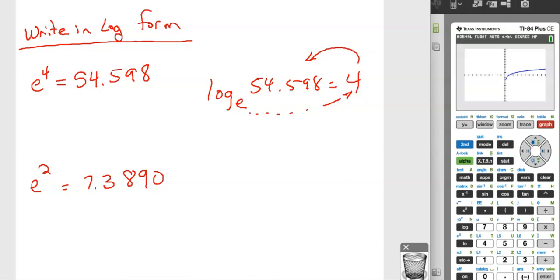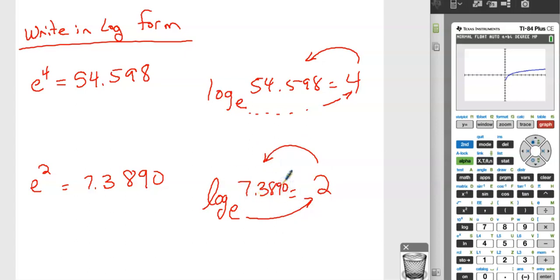This one right here, e squared, we're writing it in log form. So log e, this is to the 2nd power, e to the 2nd power equals 7.389. And because it's log base e, you could just write ln, if you wanted to do it that way.